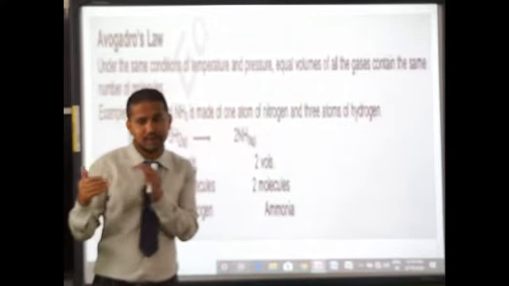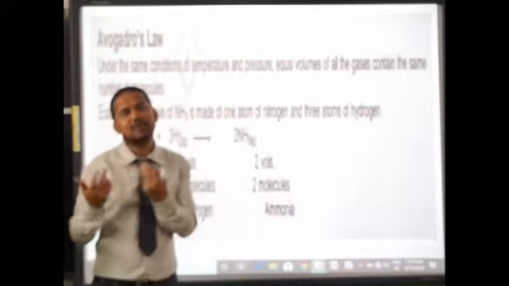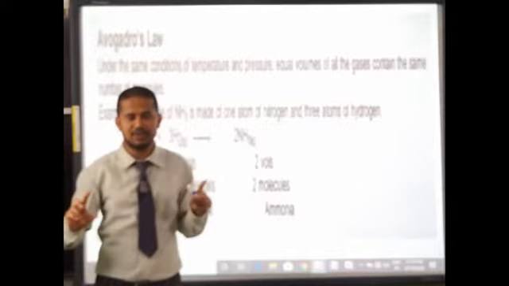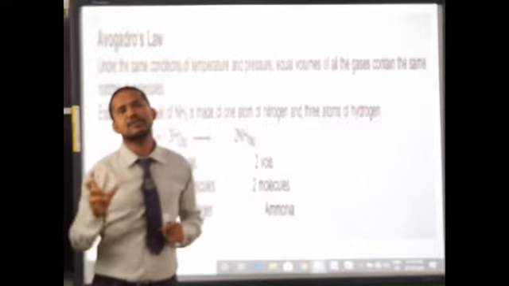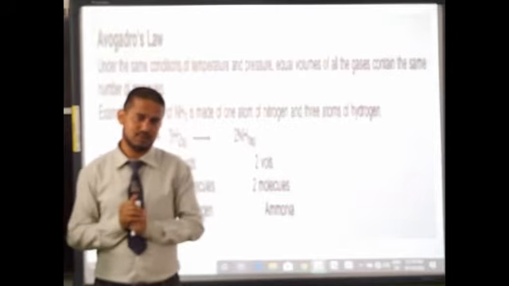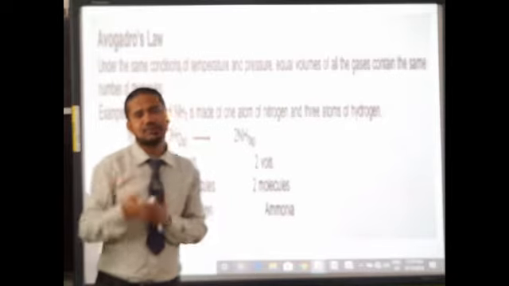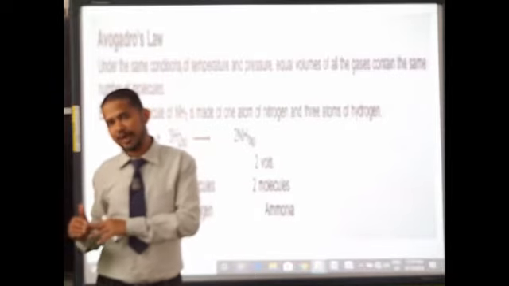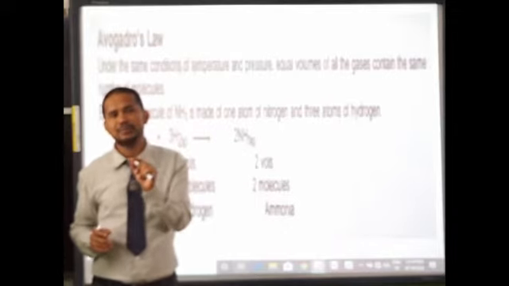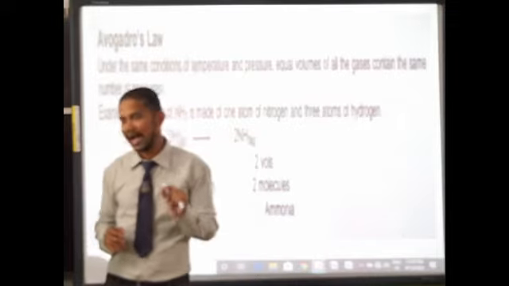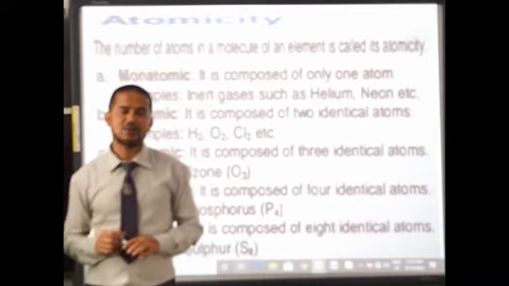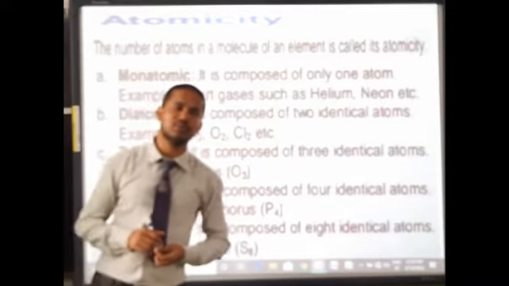So whenever you are doing numericals, and you happen to get solid or liquid in the chemical equation, then you have to consider volume of solid and liquid as 0, because Gay-Lussac's law is applicable to the gases only. So this is Avogadro's law, which states that equal volume of all gases will have same number of molecules at standard temperature and pressure.